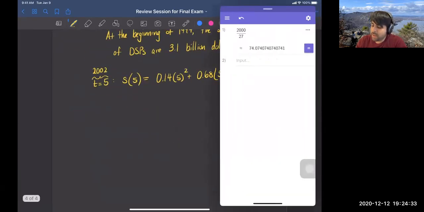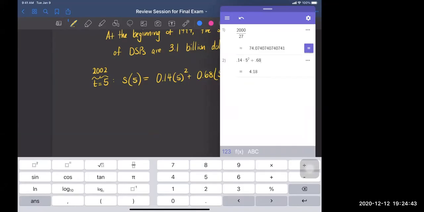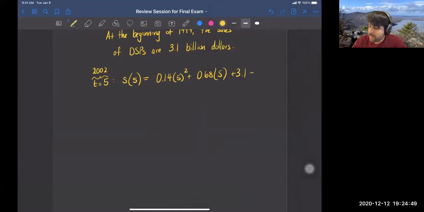And then you would need a very good calculator to do that. 0.14 multiplied by 5 squared, and then you add 0.68 times 5 plus 3.1. And I get 10 exactly. That's pretty nice. So this is 10.